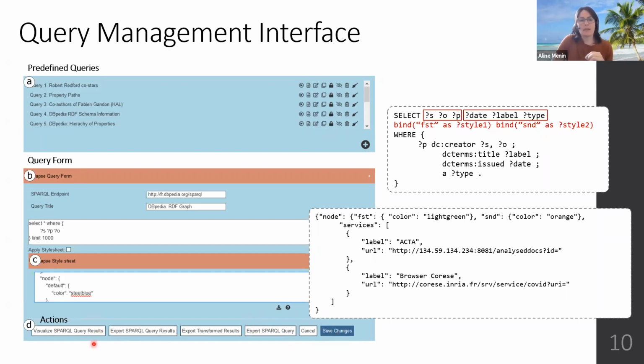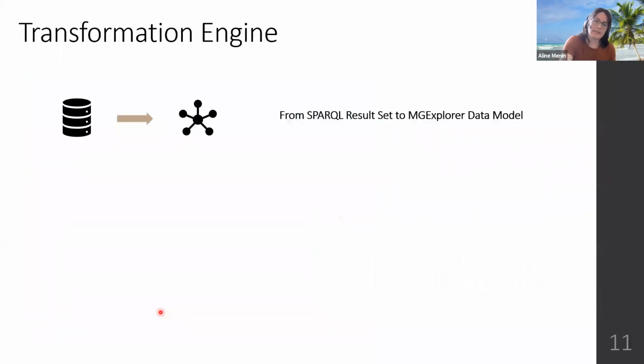So when we click here on visualize SPARQL query results, the result set is sent to the transformation engine, which consists of two parts. The first part is when we transform this SPARQL result set into the DMG Explorer data model.